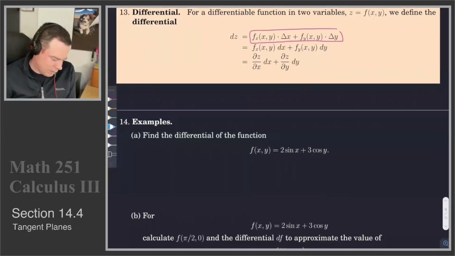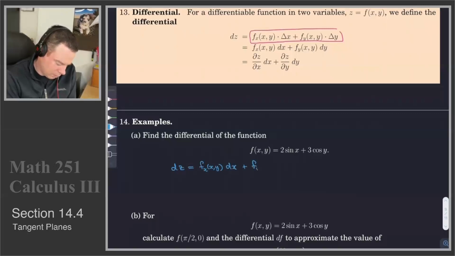And so we can do an example now. If we're going to find the differential of the function f of x, y, which is given by 2 sine x plus 3 cos y, the differential dz is given by the x derivative times dx plus the y derivative, or y partial, times dy.